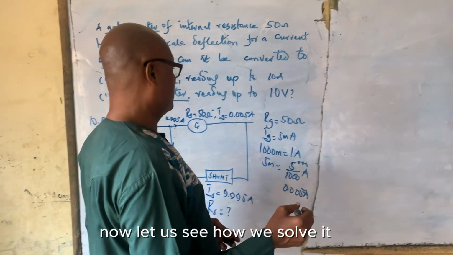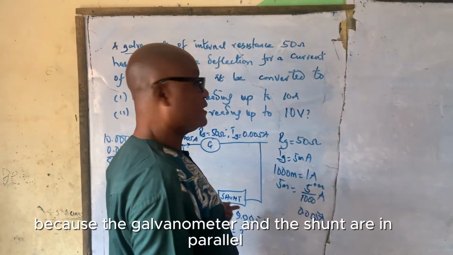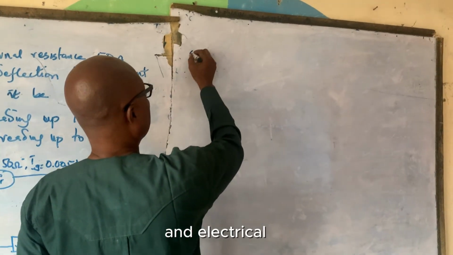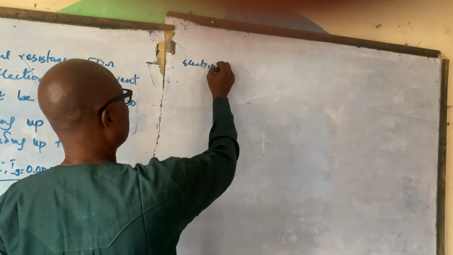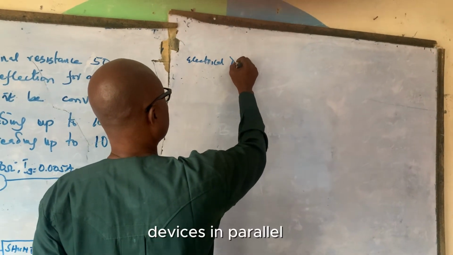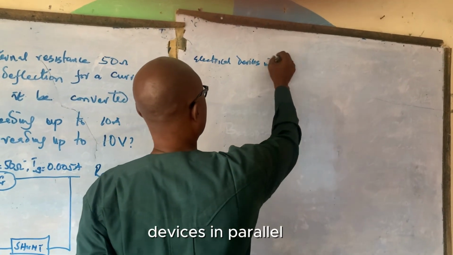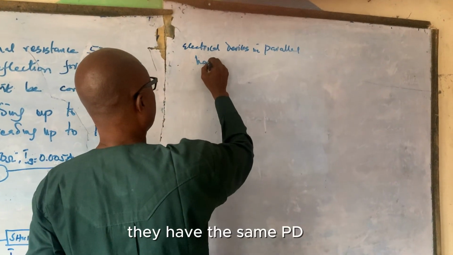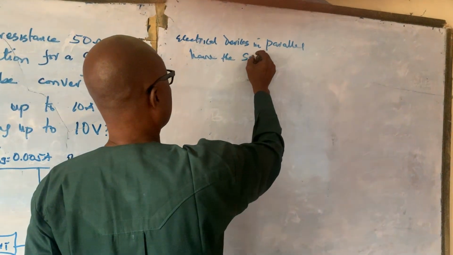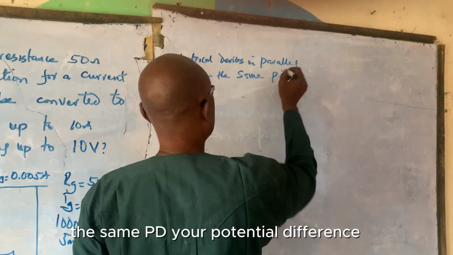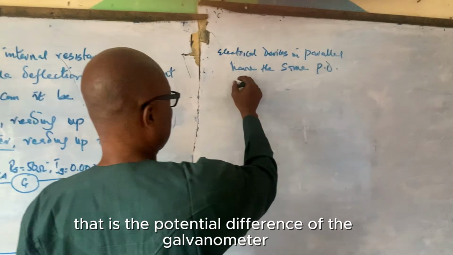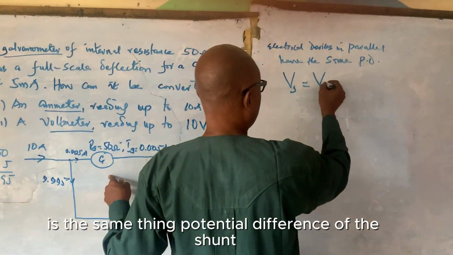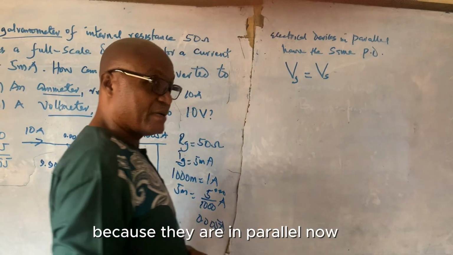Now let us see how we solve it. Because the galvanometer and the shunt are in parallel, electrical devices in parallel have the same PD, or potential difference. That is, the potential difference of the galvanometer is the same as the potential difference of the shunt, because they are in parallel.